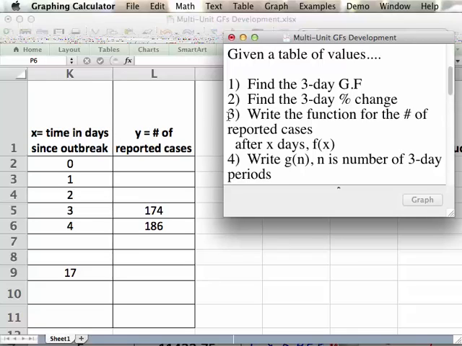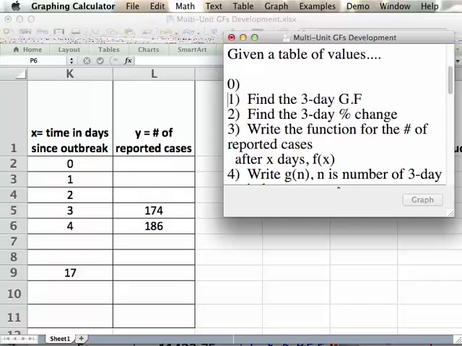So maybe there's a question 0 here. So we'll start with the one-day growth factor, what we've been used to, okay? So given the information that you have, can you find the one-day growth factor? And then from that, can you find the 3-day growth factor? And then can you write the function for the number of reported cases after X days?